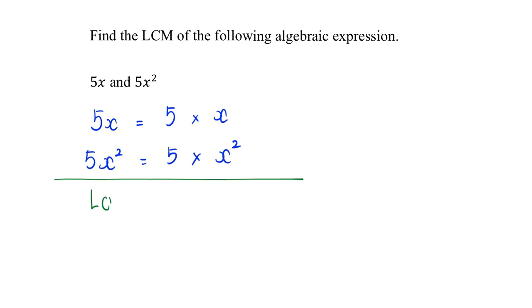And to find the LCM, we just need to find the one that has the higher power. So this is what I would find. x power 2 and x, I would choose x power 2. And therefore, my lowest common multiple for these two expressions will be 5x squared.